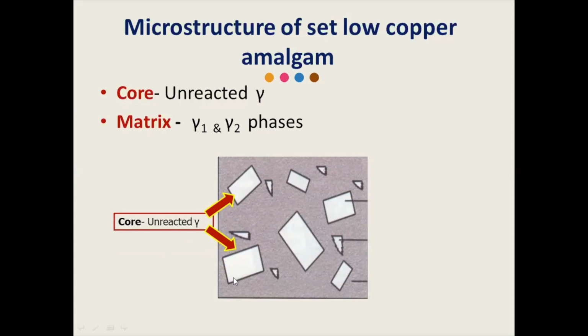These are unreacted gamma particles. And the matrix, the surrounding area of this core structure, is formed by gamma 1 and gamma 2 phase. Gamma 1 is continuous, you can see this little grayish color, and these are irregular shaped particles. They are the gamma 2 phases. So this is the microstructure of set low copper amalgam.